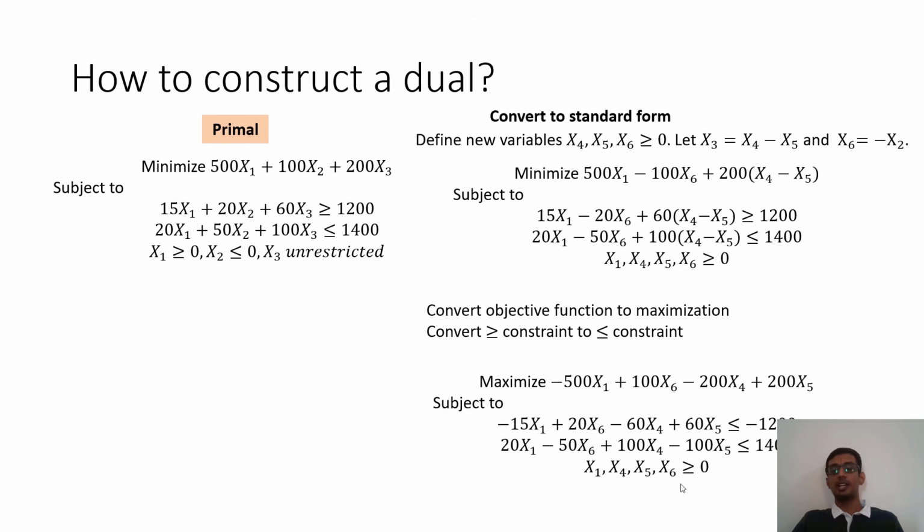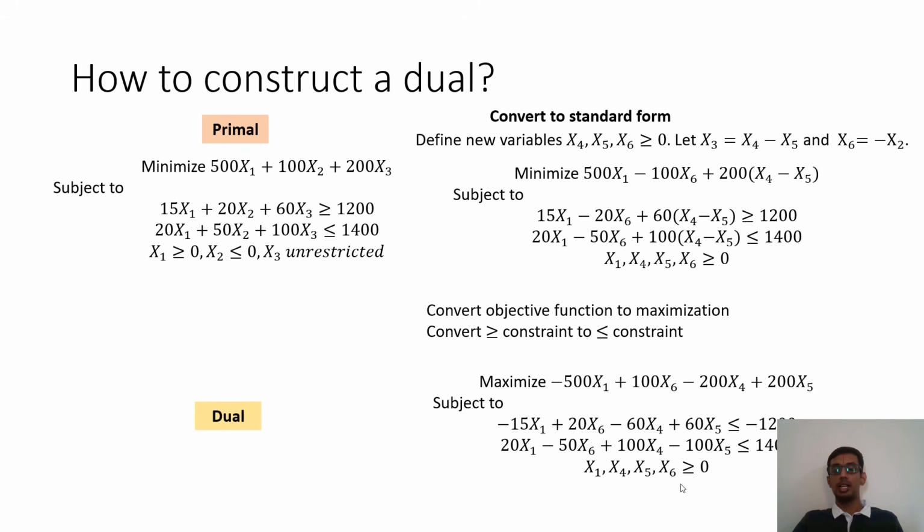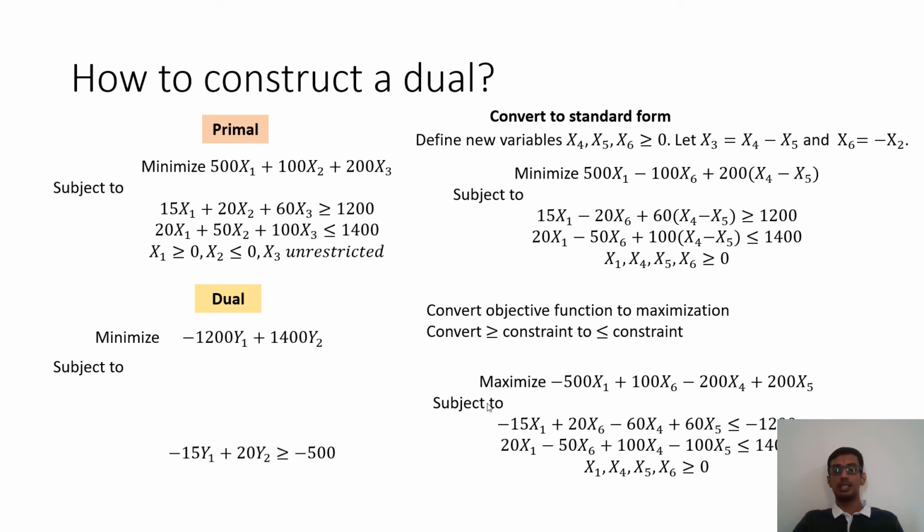Now it becomes a straightforward exercise for you to convert this primal, right, into a dual. How do you do that? A maximization objective here becomes a minimization objective in the dual. You have minus 1200 y1 plus 1400 y2 subject to four constraints here.